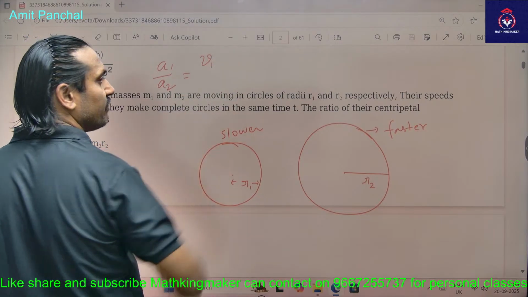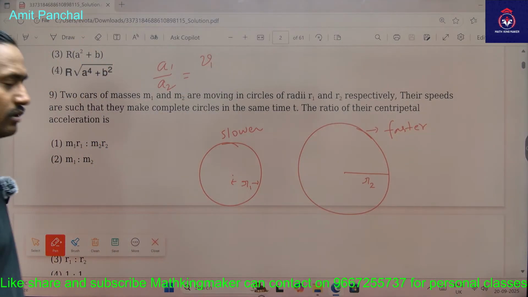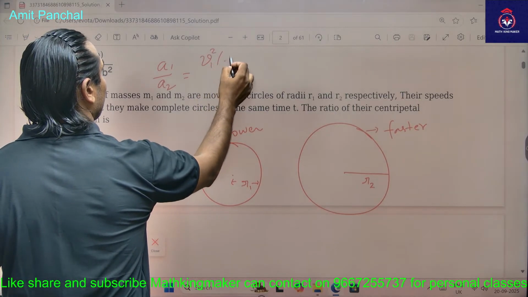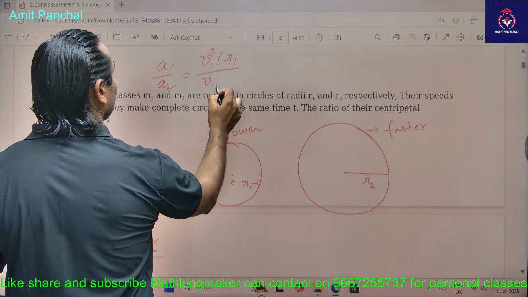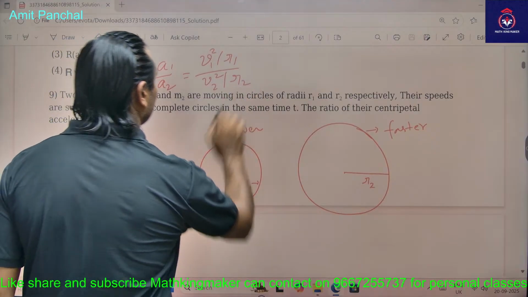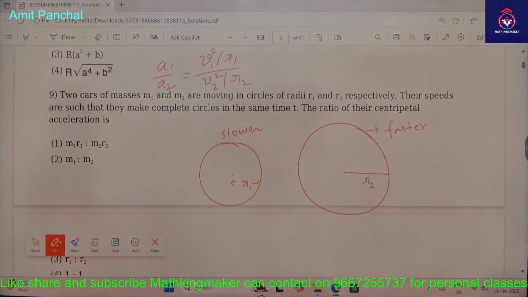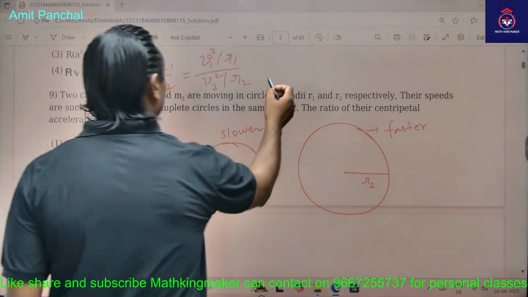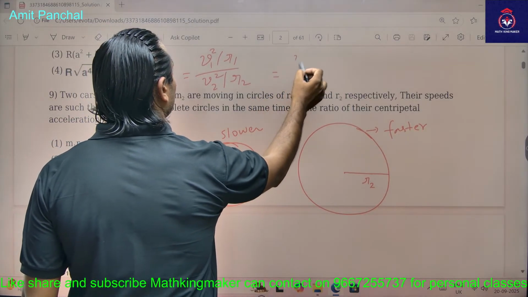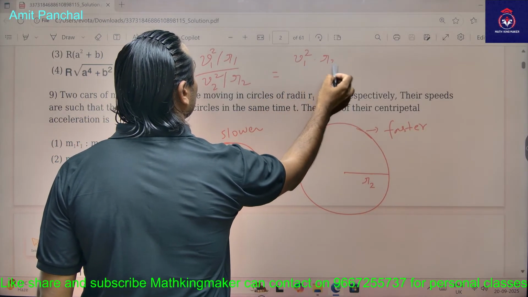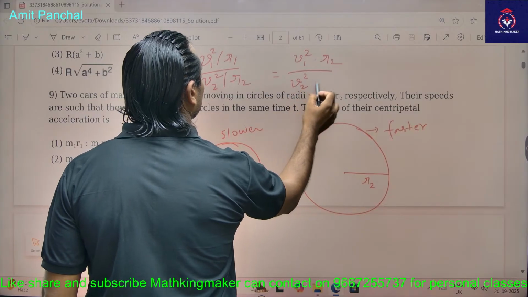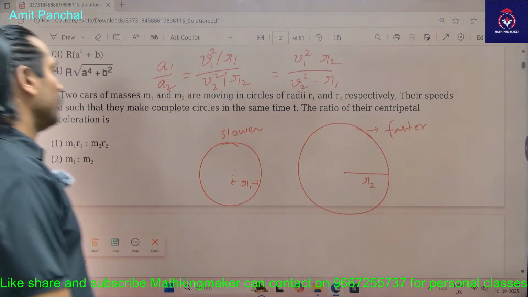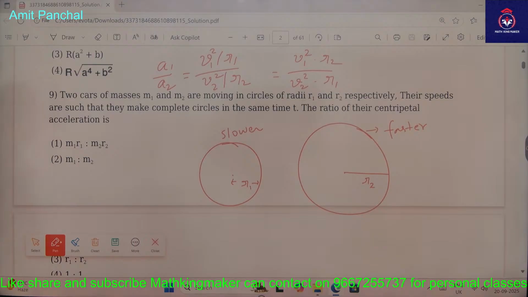V will be different for both. So v1 square by r1 divided by v2 square by r2, isn't it? So v1 square into r2 divided by v2 square into r1. So what will be your v1? What will be v1?